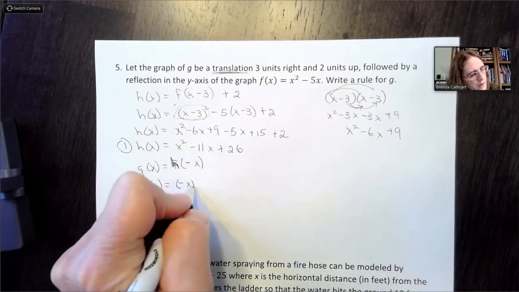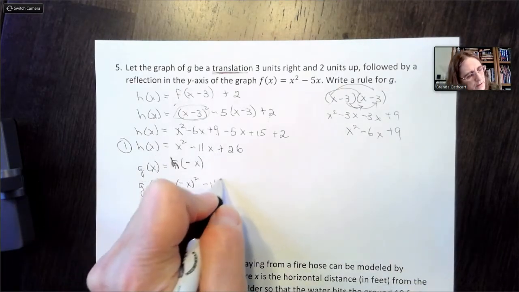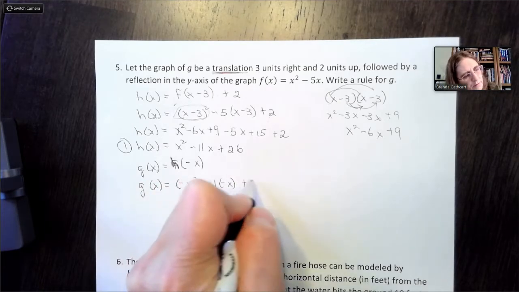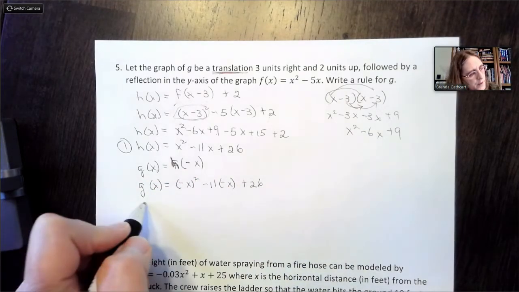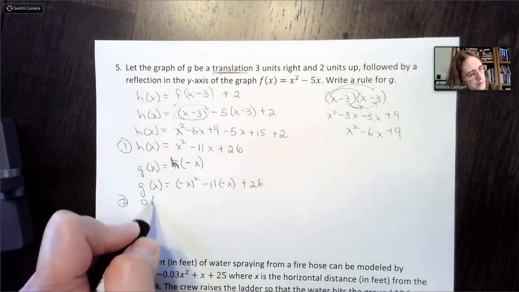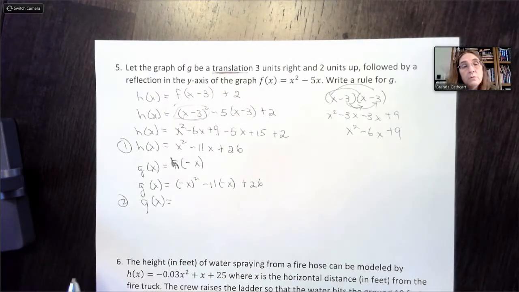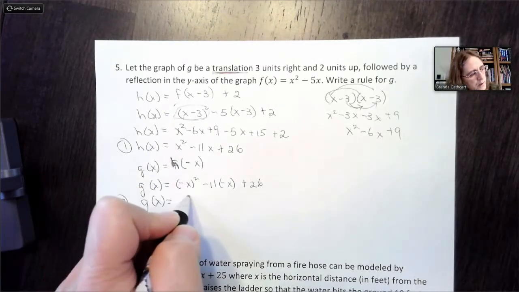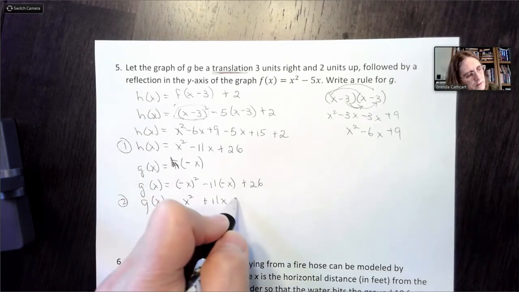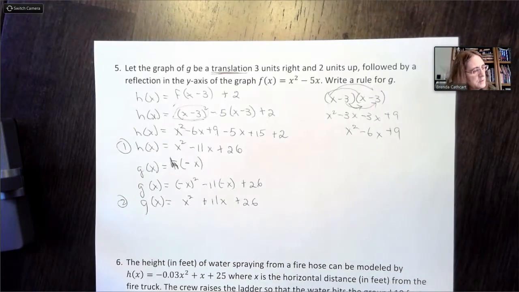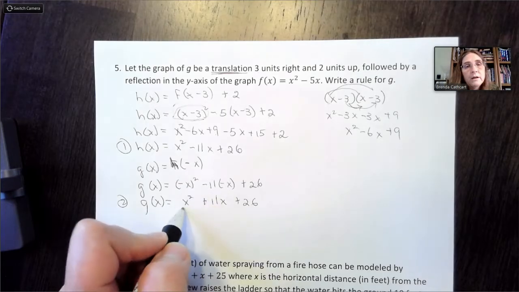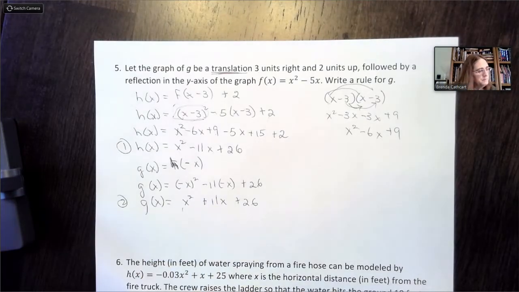So I have negative x quantity squared minus 11 times negative x plus 26. So our g of x, the function that we're looking for, becomes x squared plus 11x plus 26. Remember, when you square a negative, it becomes a positive.